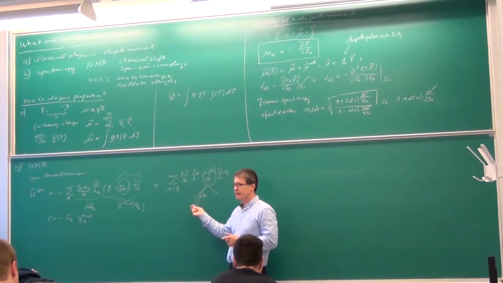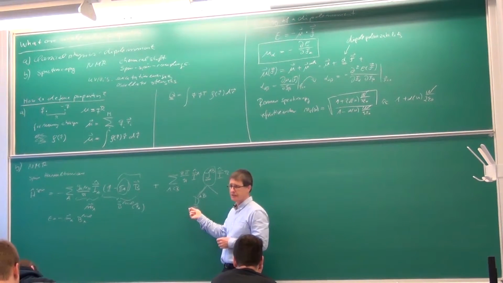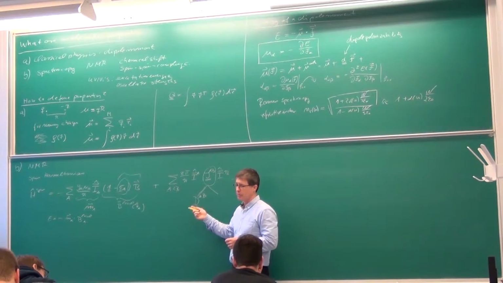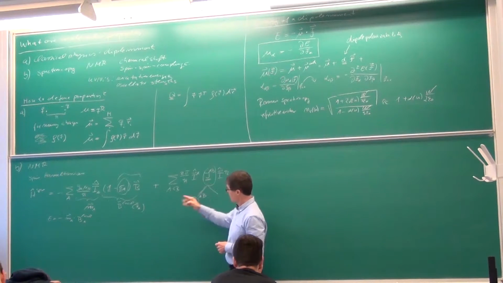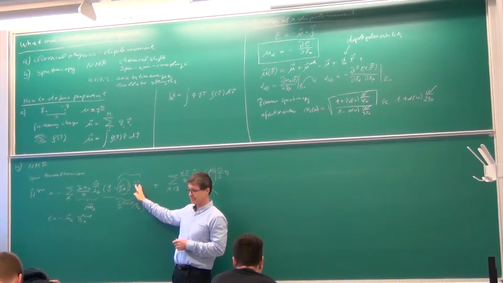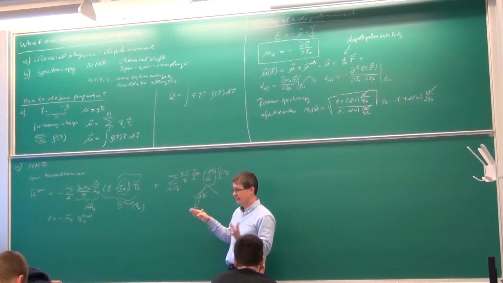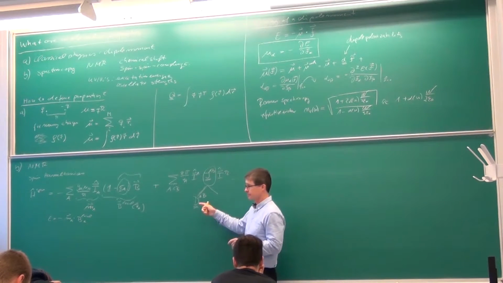But that only survives in solid state when you have fixed geometry. Or, to be more precise, when the orientation of the molecule with respect to the external field does not change.